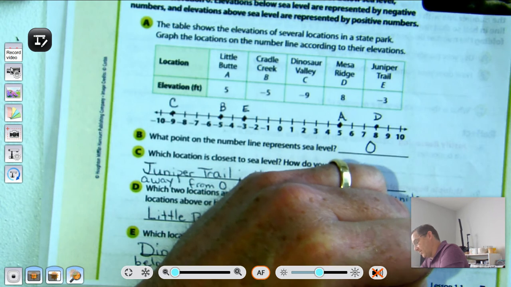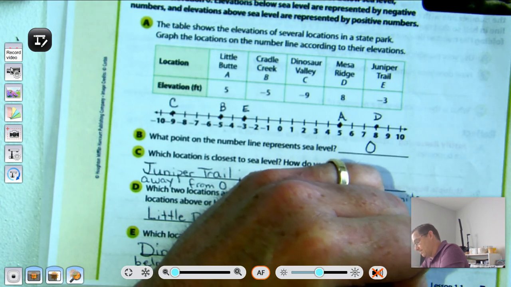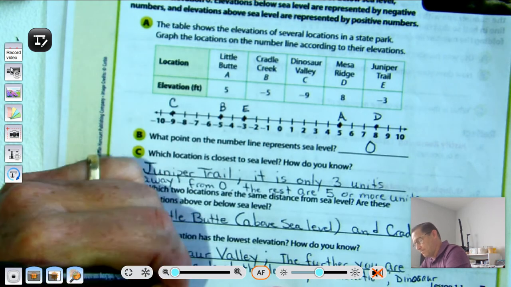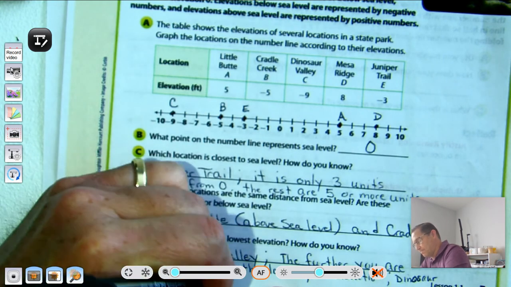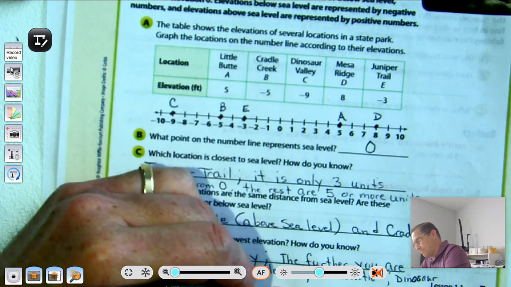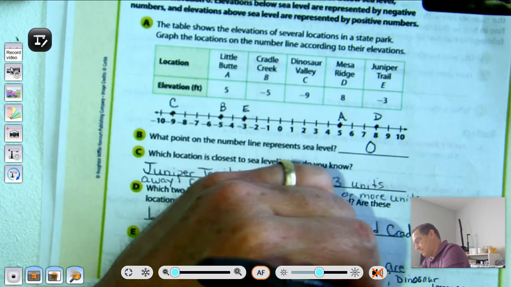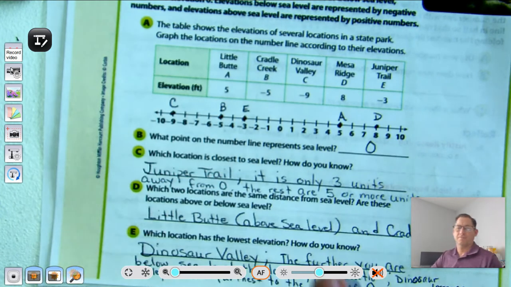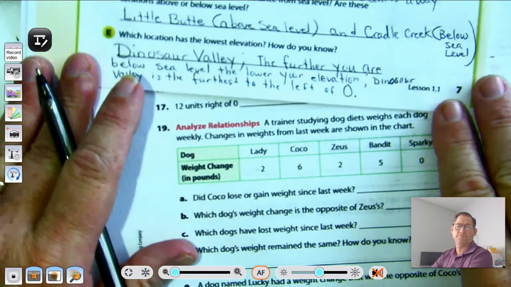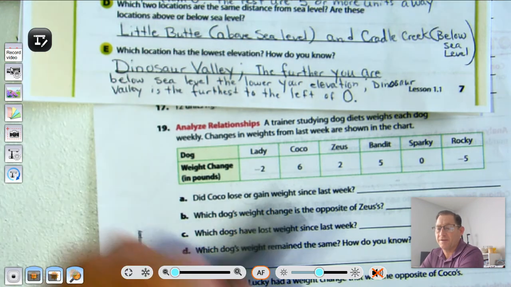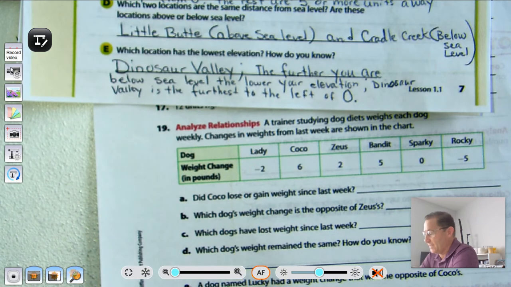Dinosaur Valley is the furthest. All right, so Dinosaur Valley. And keep in mind that the further you are below sea level, the lower your elevation. So Dinosaur Valley is the furthest to the left of zero and has to be the lowest elevation.